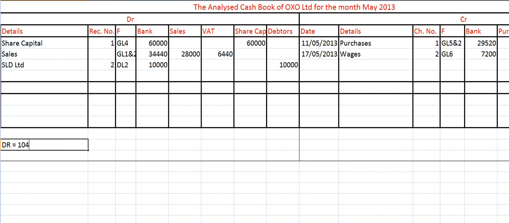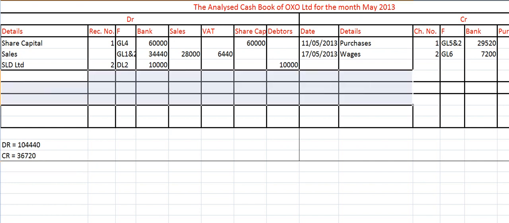The debit side total is 104,440, and the credit side total, it looks like it's going to be less anyway. It looks to me like 36,720. So that's a positive thing for the company. Obviously, more money coming in than is going out.